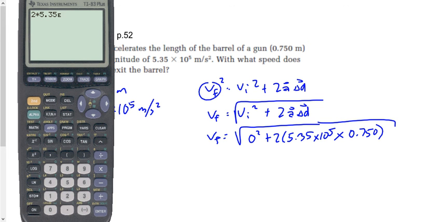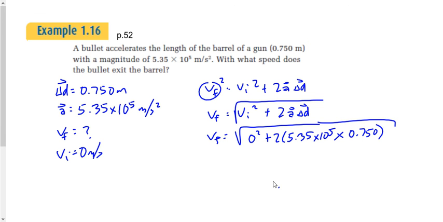That's 5.35 times 10 to the 5 times 0.75. Then we square root that. We get a final velocity of 8.96 times 10 to the 2. We could say 896. 8.96 times 10 to the 2, 896 meters per second. Yep.